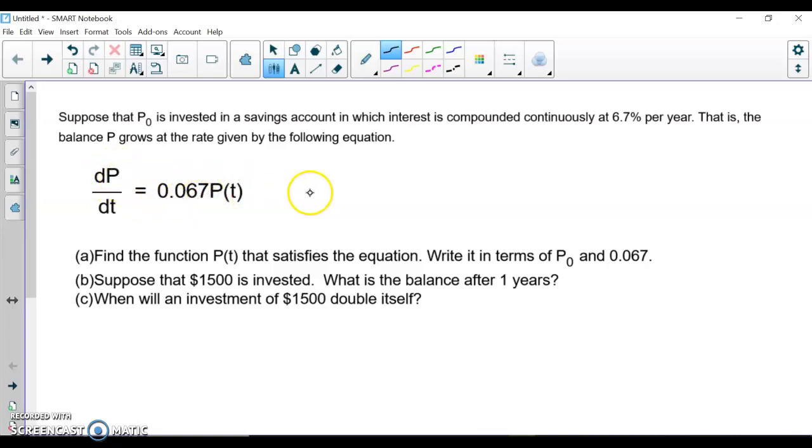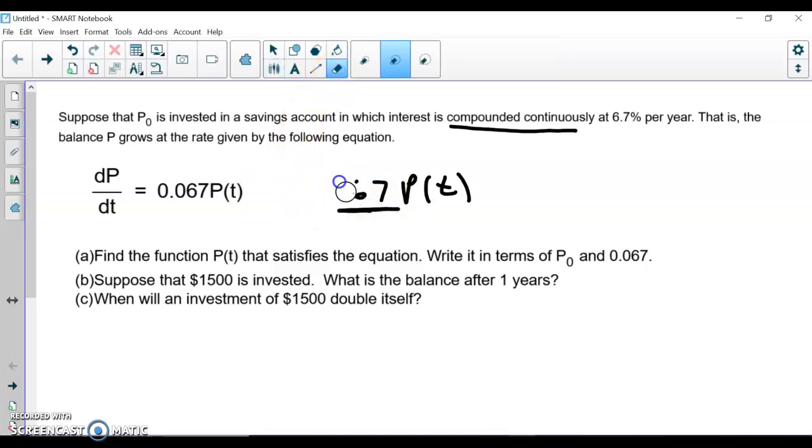Look, the growth rate is exactly 6.7% of whatever the function's value happens to be at that time. That's what makes it continuous growth, right? Its growth rate is equal to some percentage multiple of itself.